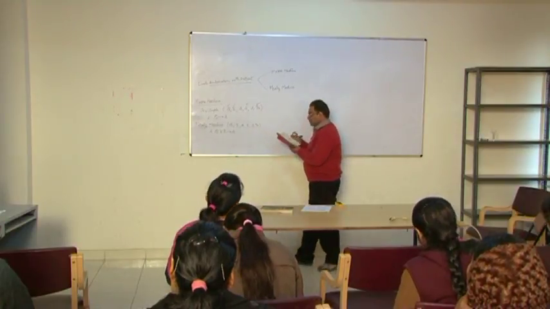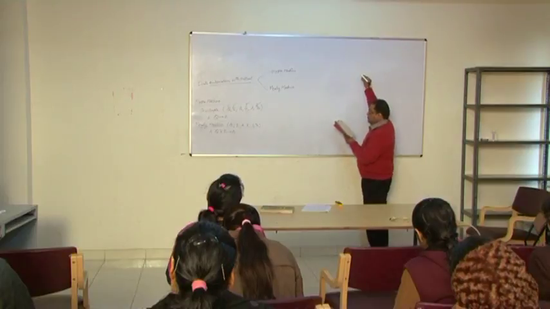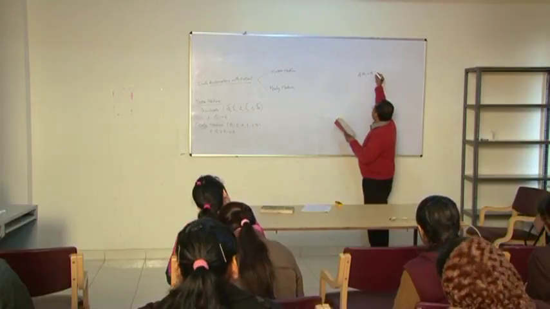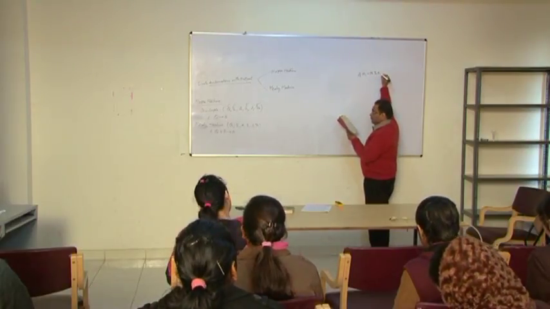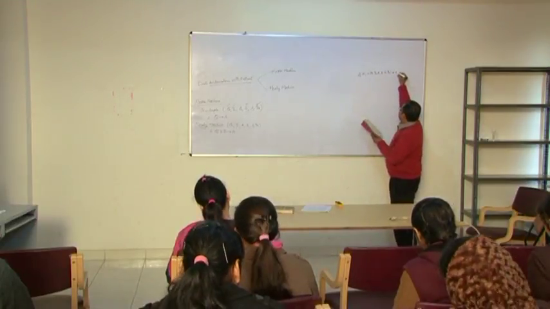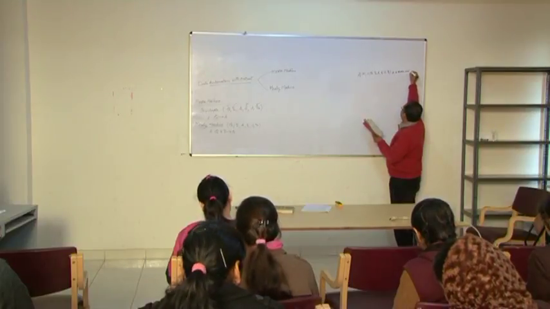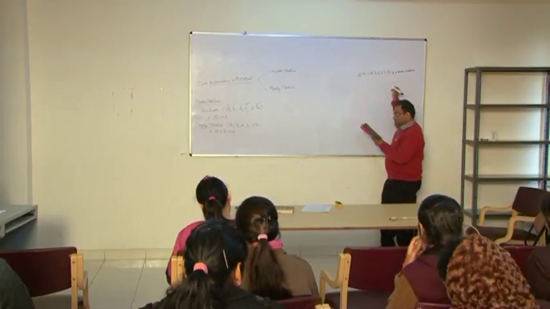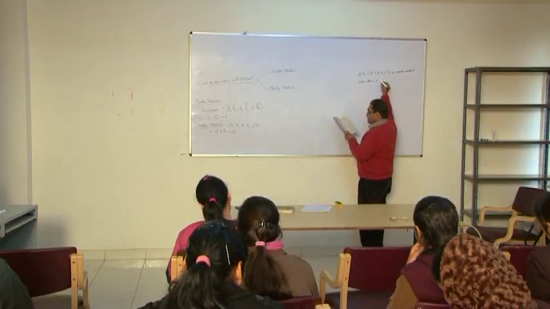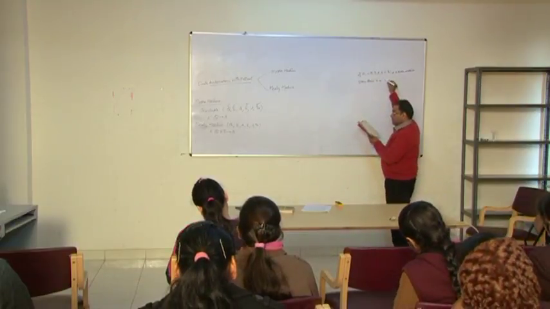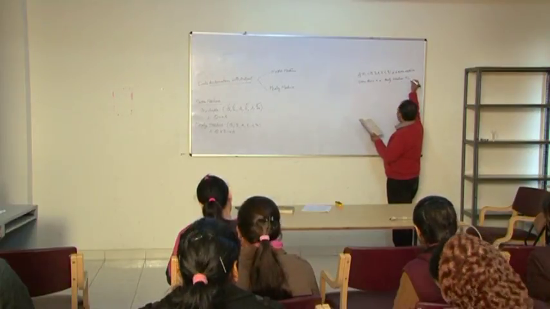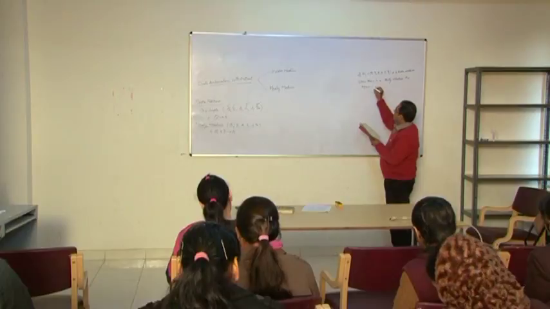So just write down: if M1 equal to Q, sigma, delta, lambda and Q node is a Moore machine, then there is a Mealy machine M2 equivalent to M1.